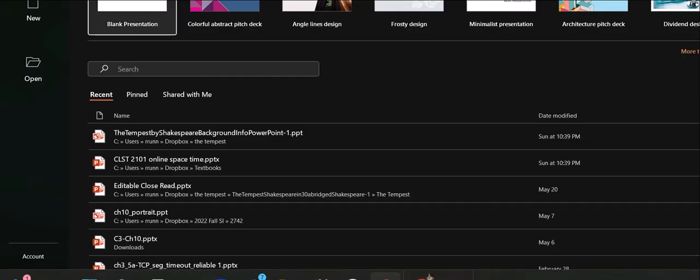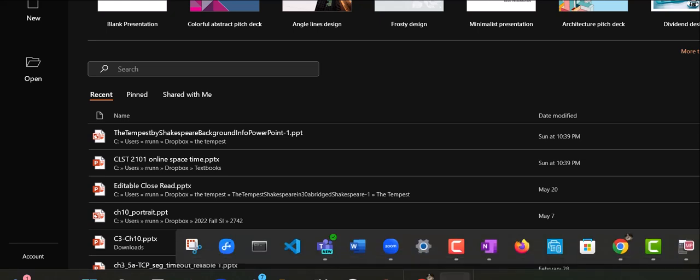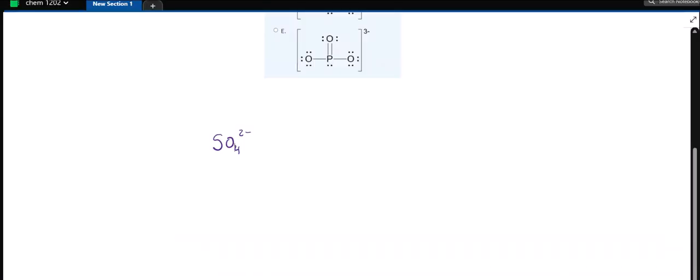And so we know we have a total of 6 from sulfur plus 24 from oxygen plus 2 more because it's a -2, so that gives us 2 extra electrons. So we have a total of 32 electrons to work with.